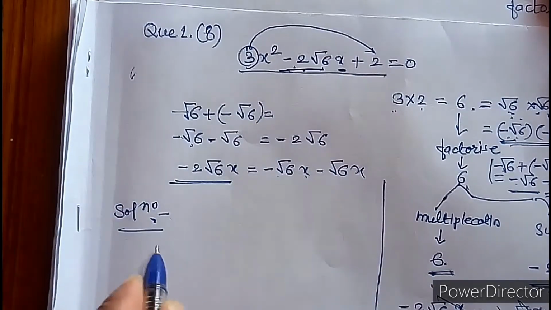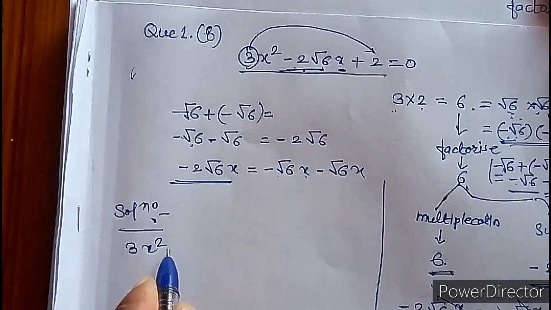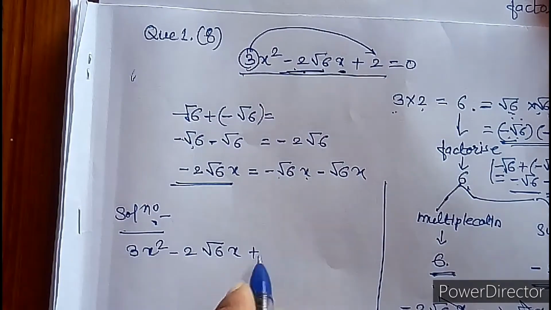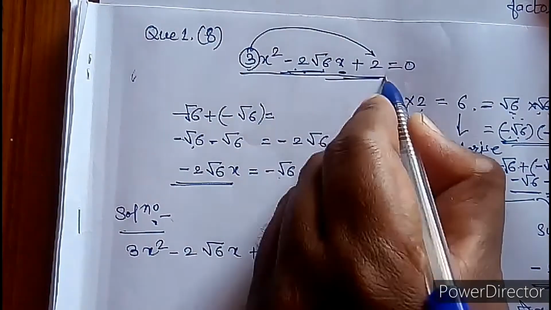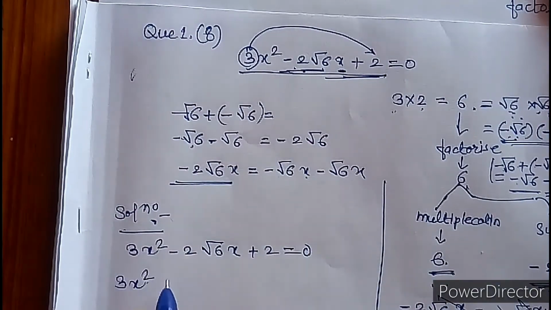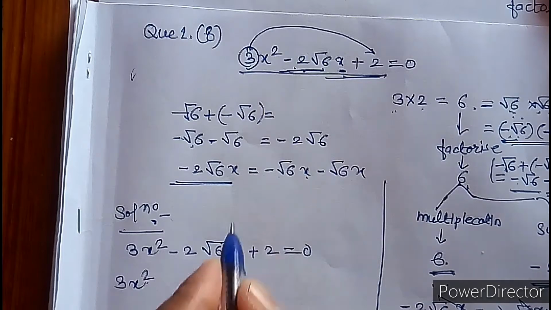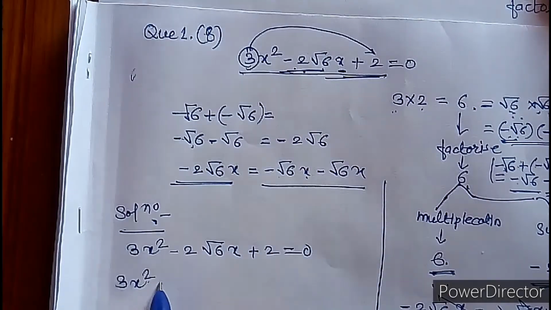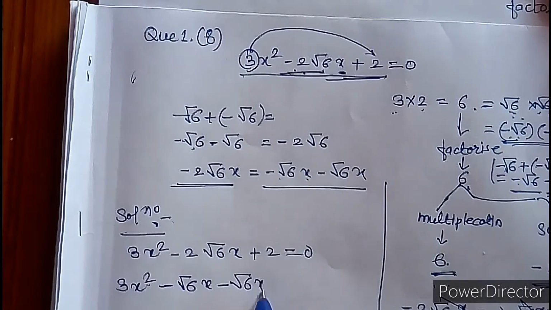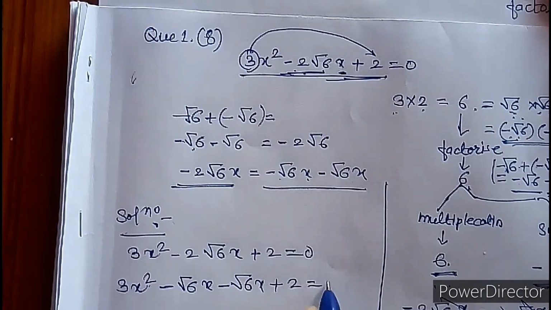The solution part: write down the quadratic equation, that is 3x square minus 2 root 6 x plus 2 equals 0. This quadratic equation, 3x square, as it is, minus 2 root 6 x can be written as minus root 6 x minus root 6 x plus 2 equals 0.